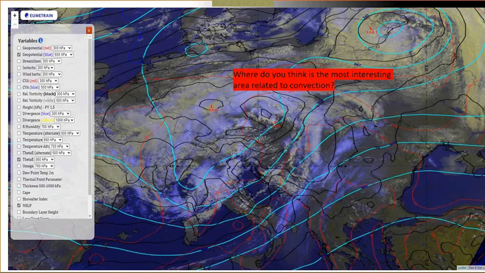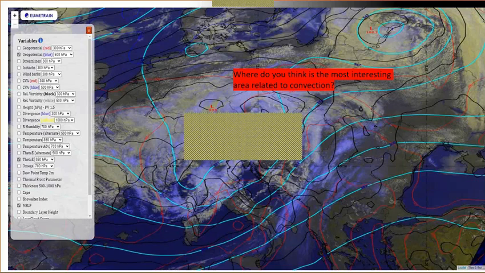And my main question is, please make use of the annotate facilities, that you point out the area where you think convection will be released in the next few hours.